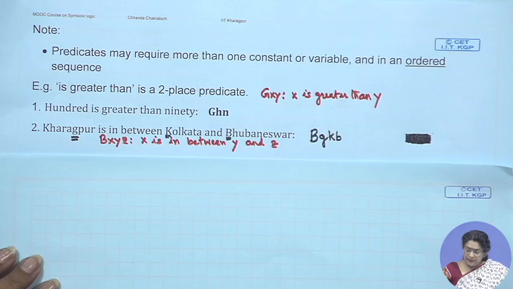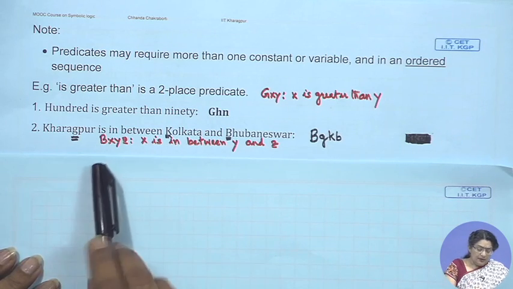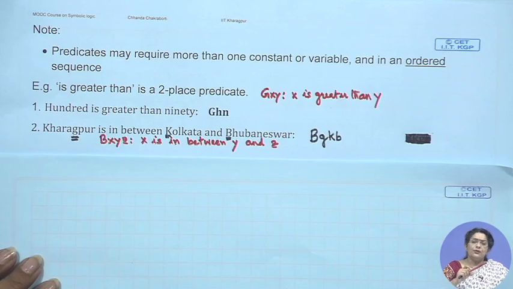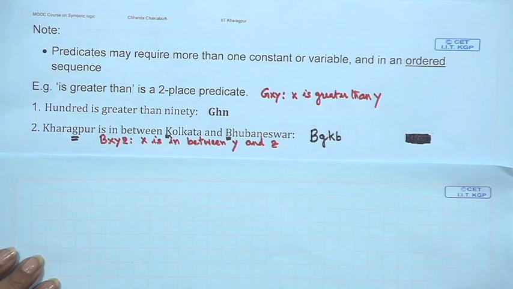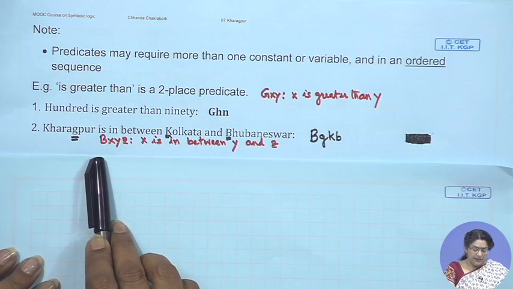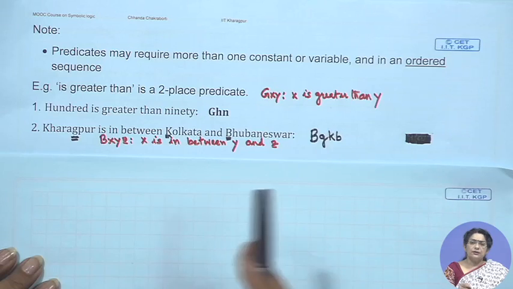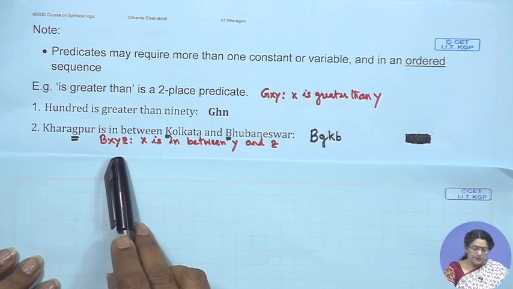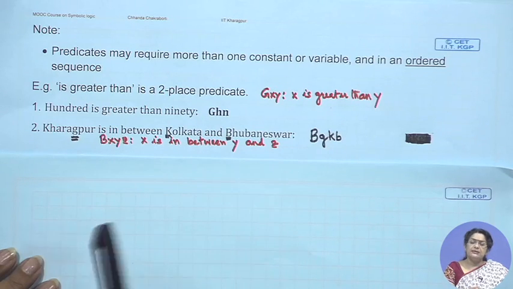Here is another example: 'in between'. In between requires 3 terms, 3 constants or 3 variables. Something has to be in between this place and that place, or this thing and that thing. So, 3 different individuals you need to specify. Here is the predicate letter, for example B, and x, y, z are your variables lined up, where this means x is in between y and z.